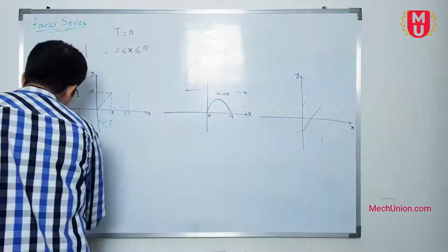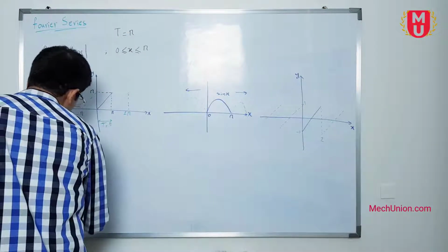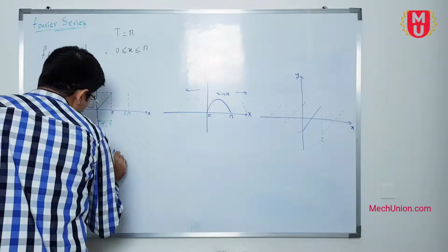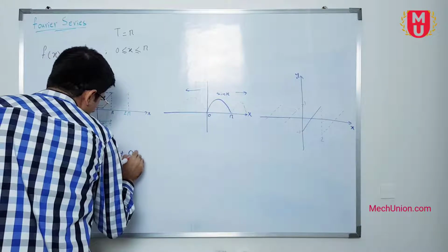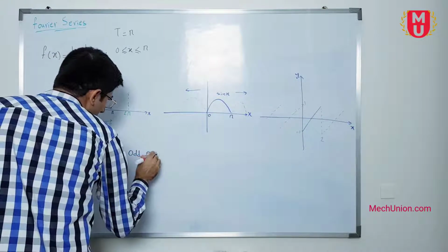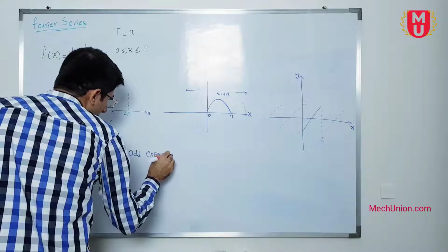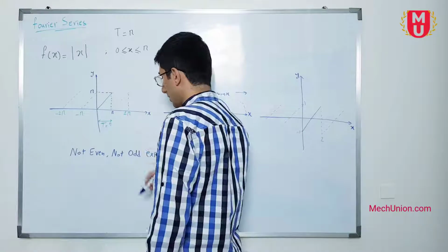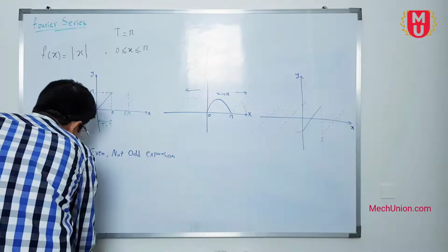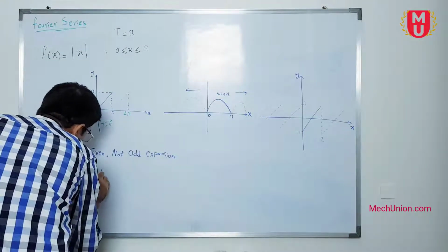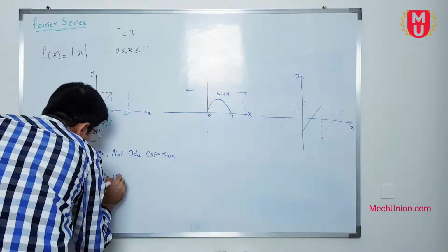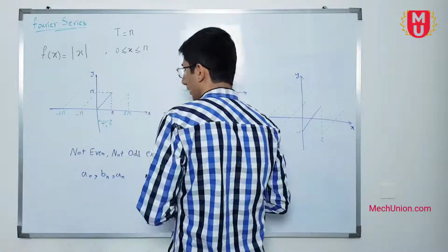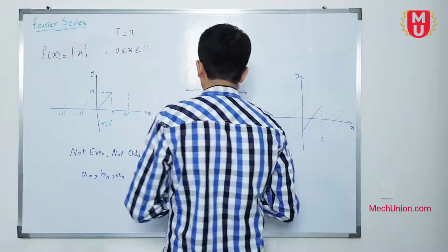We call this not even, not odd expansion. In this type of graph, we have A naught, Bn, and An. The three appear in our Fourier series.